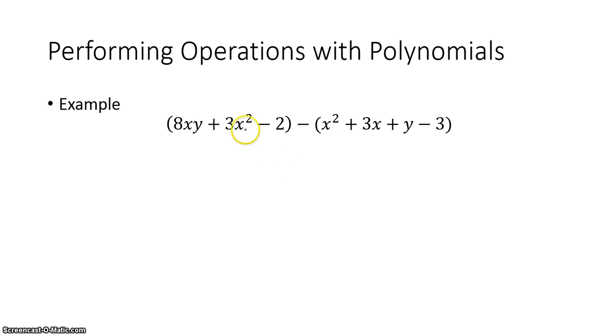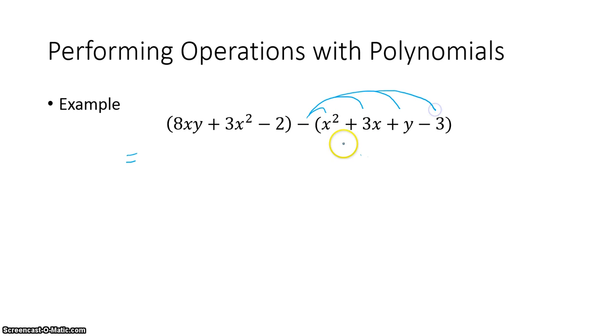Another example. So we have polynomials of more than one variable. Now we can for sure add these together or subtract them, which it looks like we're doing. In this case, I do need to be concerned with the parentheses here and here because I have a negative sign out front. What I need to do is distribute that negative onto each term inside the parentheses.